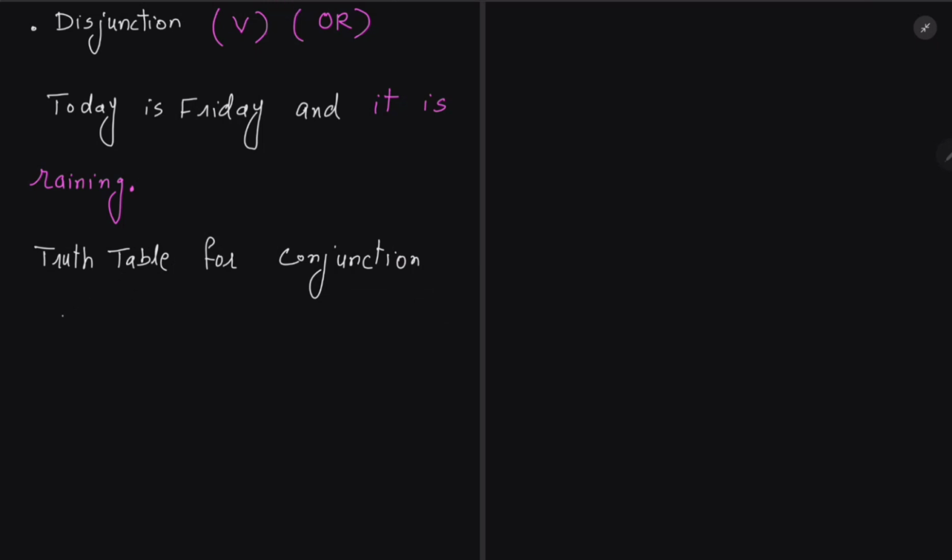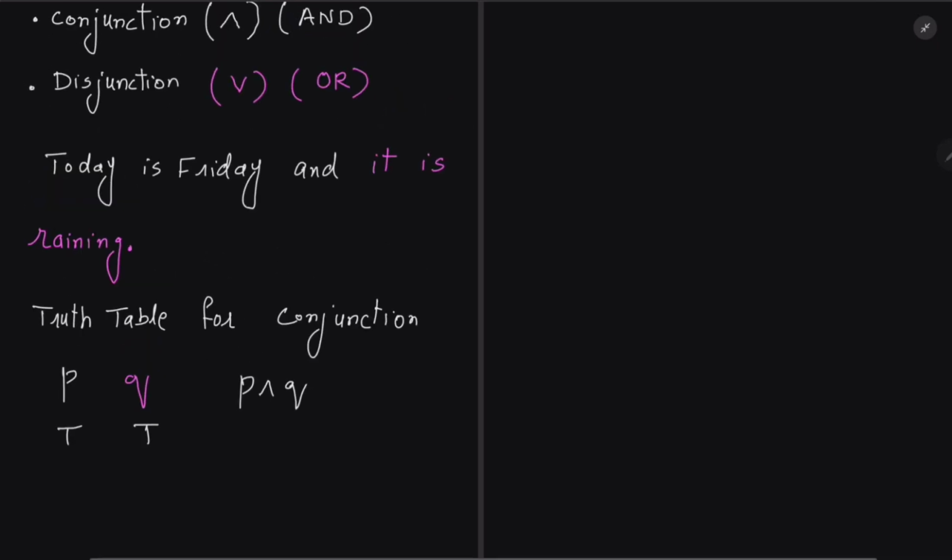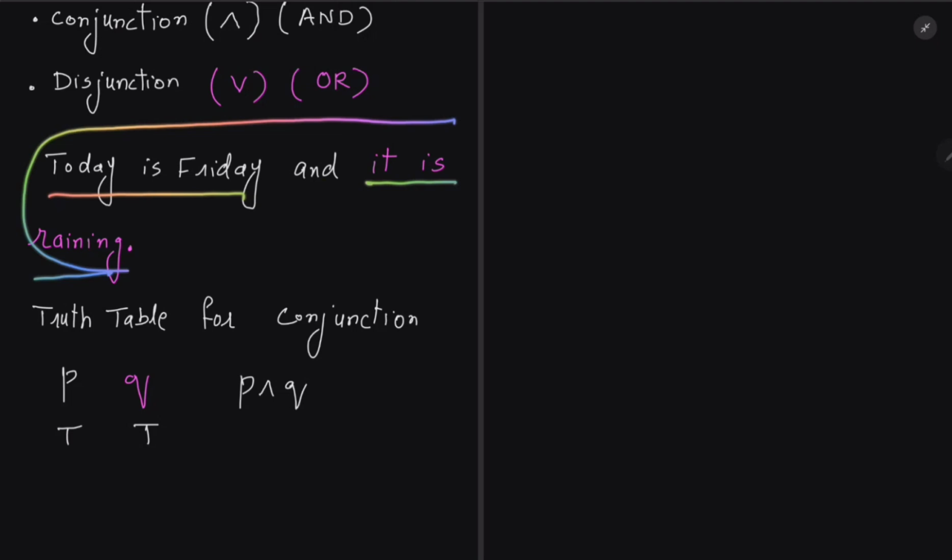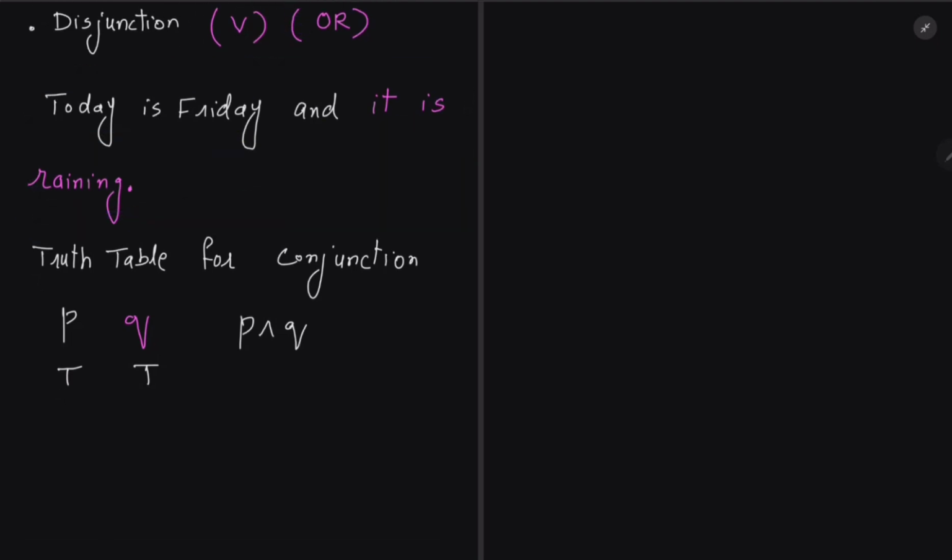So the first column is P, the second column is Q, and from these two statements or propositions we can construct P and Q. If P is true and Q is also true, it means that if today is Friday and it is raining as well, then this whole statement is true as well.